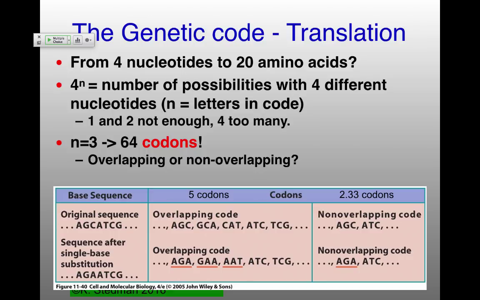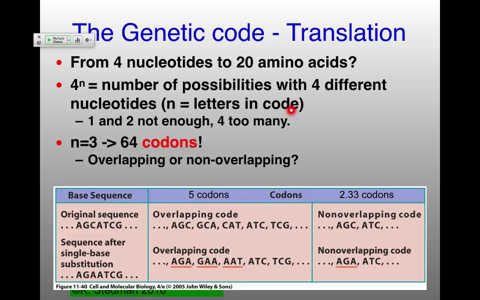So how do you do this? A lot of this was solved by physicists and mathematicians who were out of work because they'd already done the Manhattan Project, trying to figure out what was going on here. One of the very first things that became obvious was if you're thinking about a code going from a 4-letter code to a 20-letter code, you're going to need more than one of those letters.